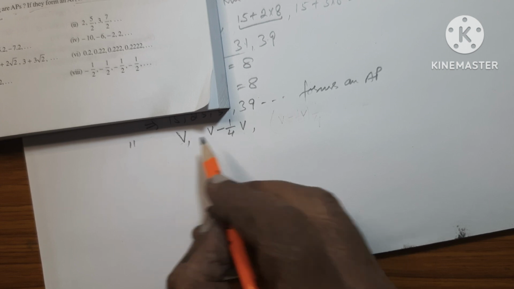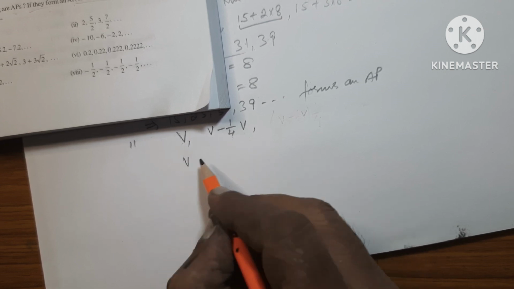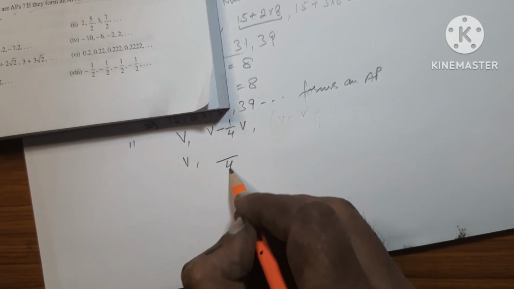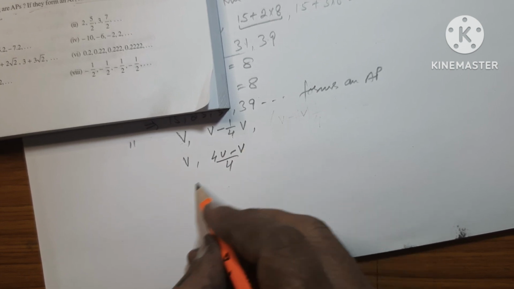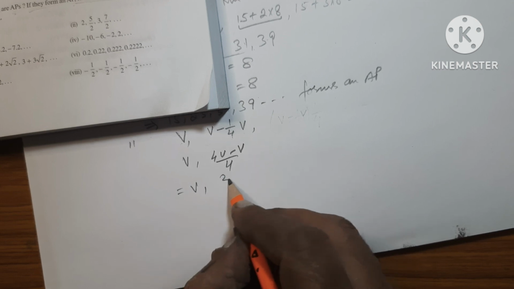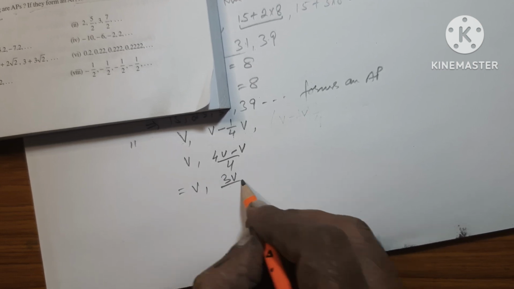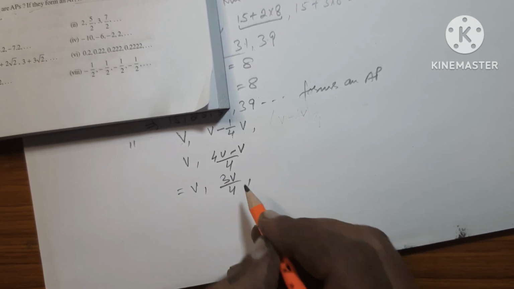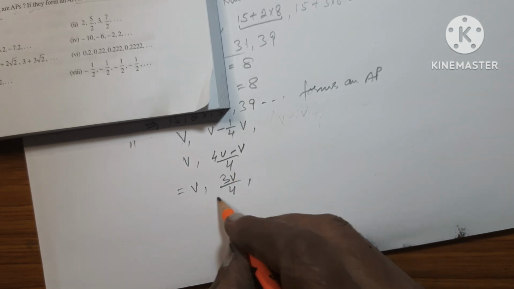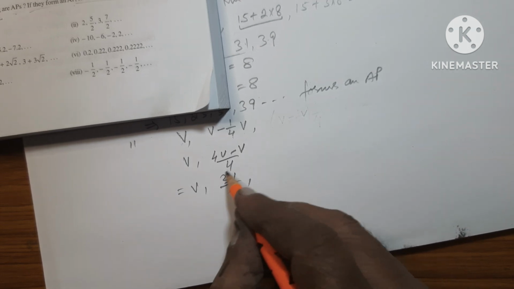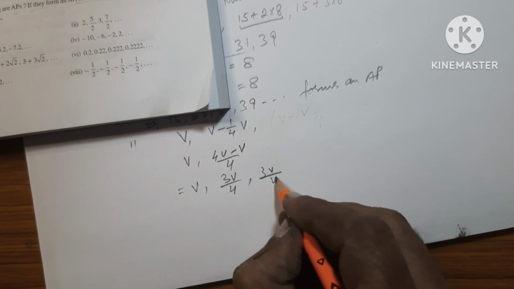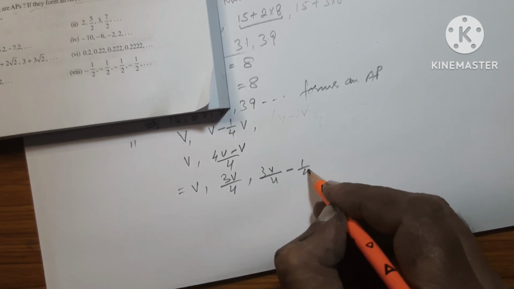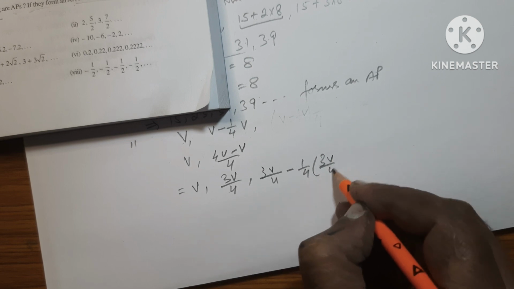This is V. With LCM 4, 4V minus V, which is equal to V, comma, 3V over 4. Next would be 3V over 4 minus 1/4 of 3V by 4.